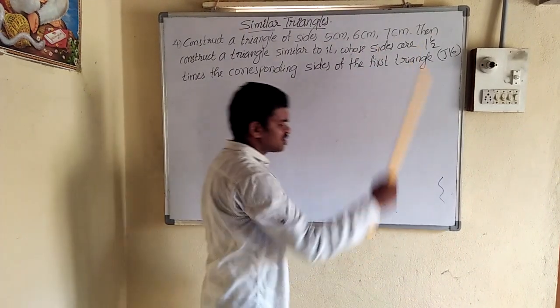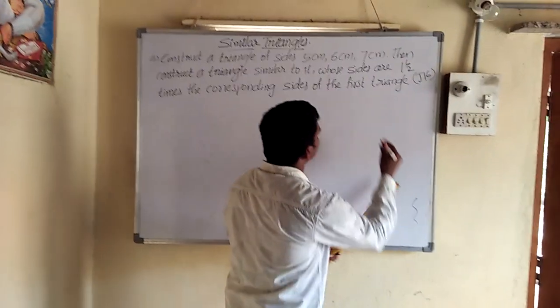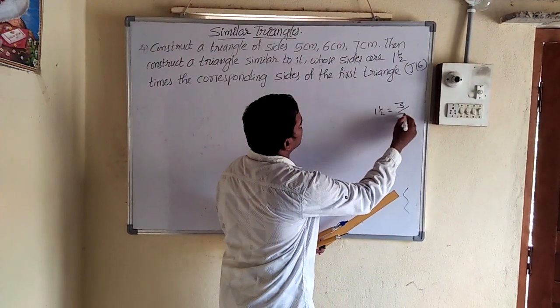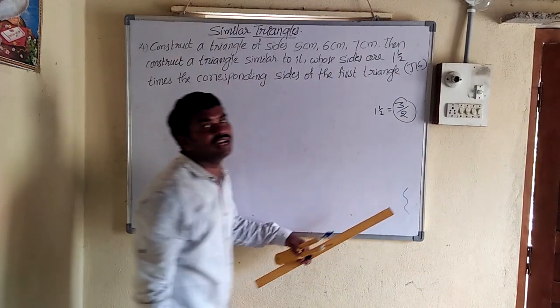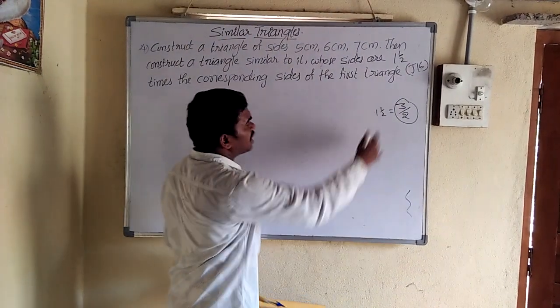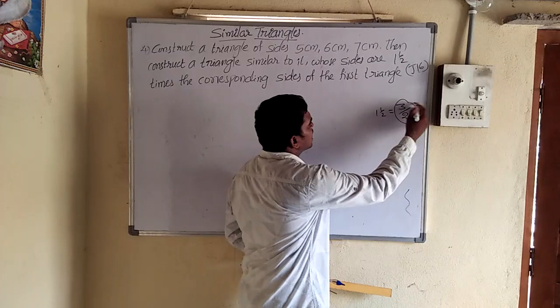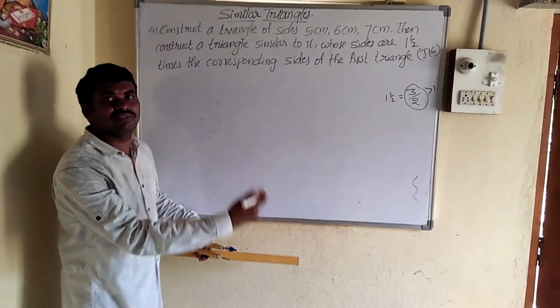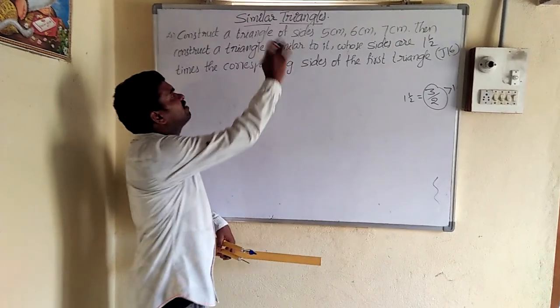So 1.5 means what? 1 by 2 means 2 times 1 is 2, plus 1, 3 by 2. So we should draw a 3 by 2 times triangle. Is 3 by 2 less than 1 or greater than 1? It is greater than 1, so our new triangle will be bigger than the given triangle.